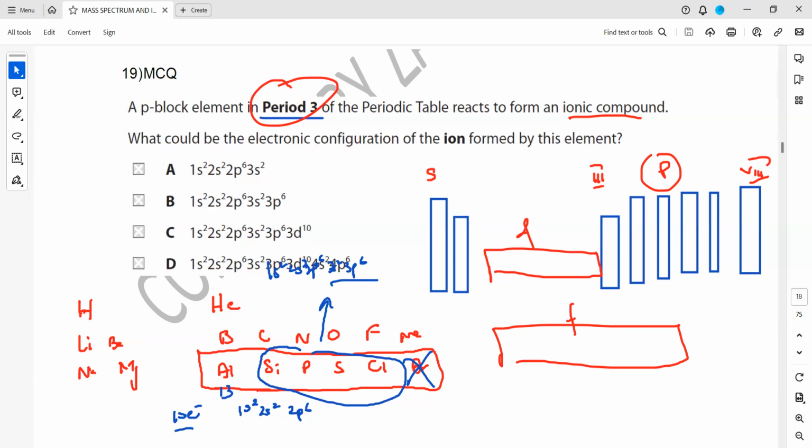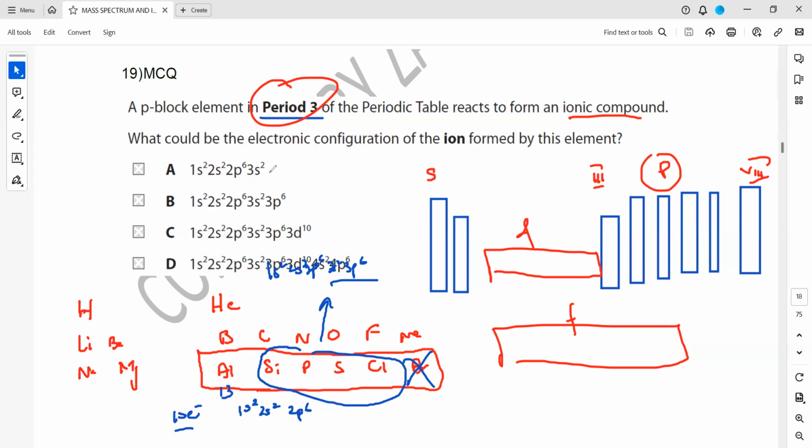So when we check the options, why can A not be the answer? When an element is reacting and transferring electrons, if it's a metal, it will lose all of its valence shell electrons, and if it's a non-metal, it will complete the valence shell to complete that octet.